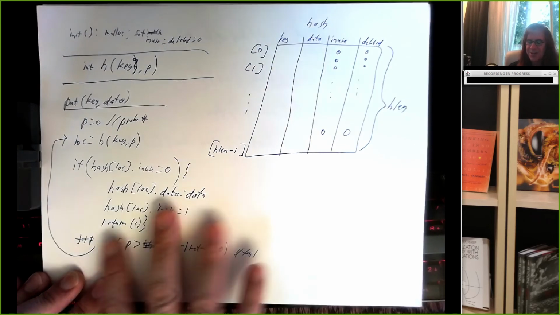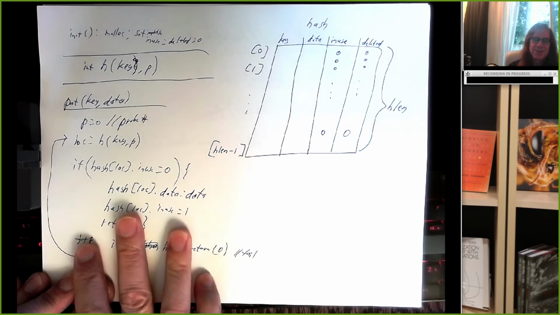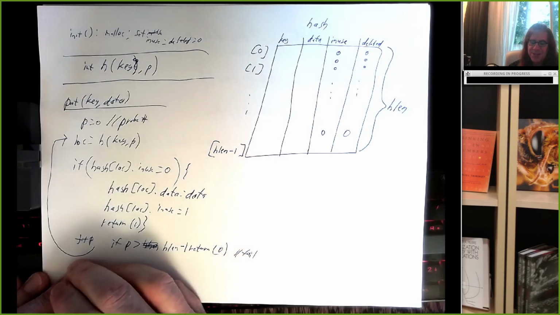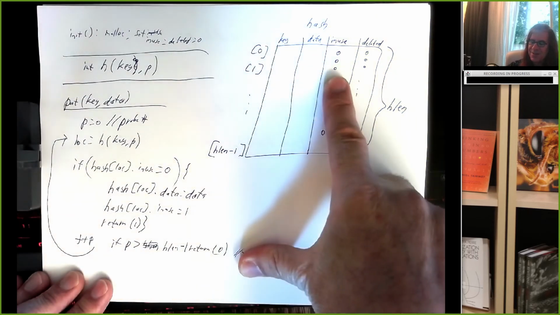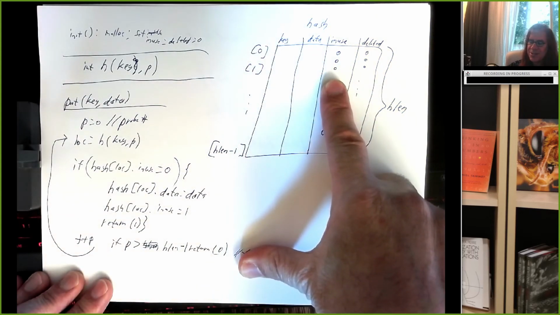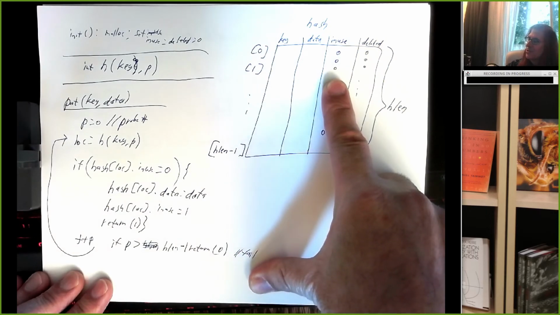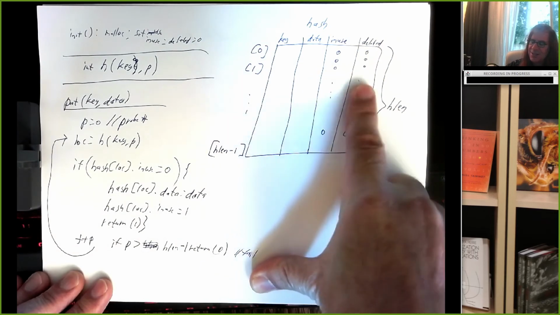It might not look exactly like this, but something that would basically do the steps for adding something using probing. So hash with a probe attempt of 0, see if it's available. If it is, store it there. If not, increment your probe value, rehash, and keep going.